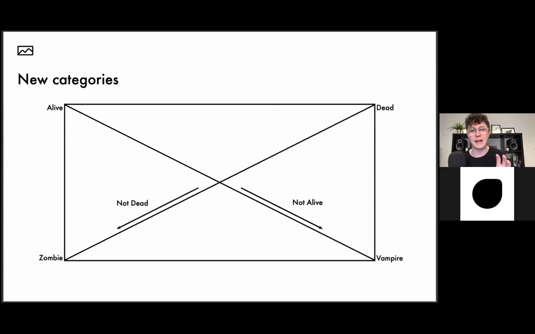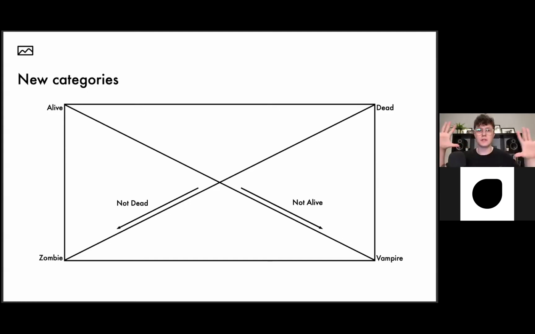Now, the reason for that is, and I know this is really not talking about design at the moment, I promise we're going to talk about design again. I'm going to bring it back around. But this is the way that tends to get people to understand this. A vampire is living, but is not alive, and a zombie is undead. So that's like the easiest way to think about all this.